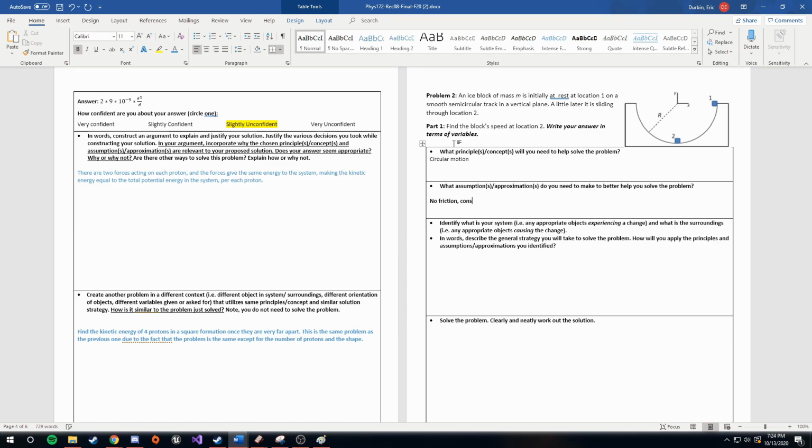I have a feeling we're gonna need the energy principle, but actually, I don't think we will. We won't need the energy principle? Yeah, I don't think so. No, actually, maybe we can.